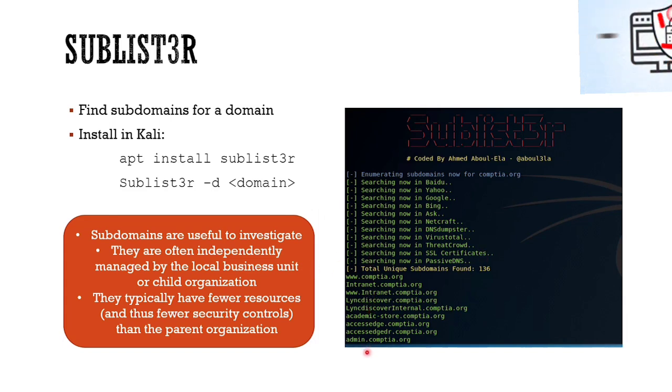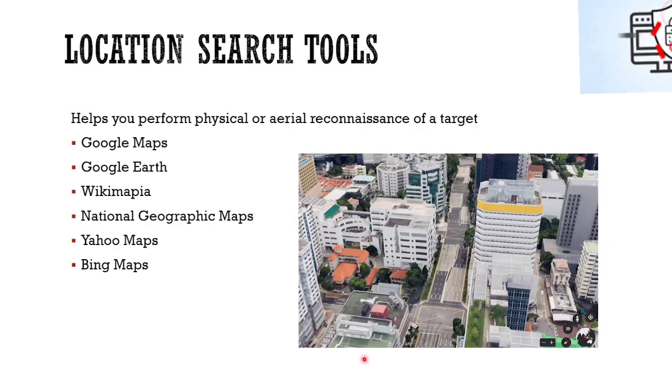Finally, there are location search tools. One of the cool things when you're hacking is you're not going to necessarily do it all remotely. You might go there and dumpster dive, try to sit in the parking lot, set up a phony Wi-Fi access point. You might just sit there and observe people going in and out.